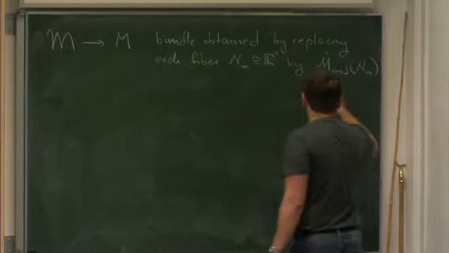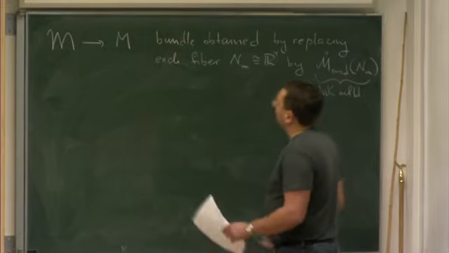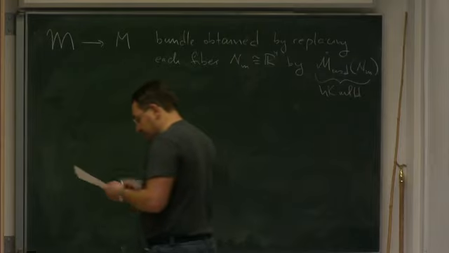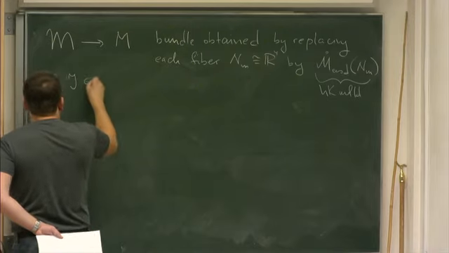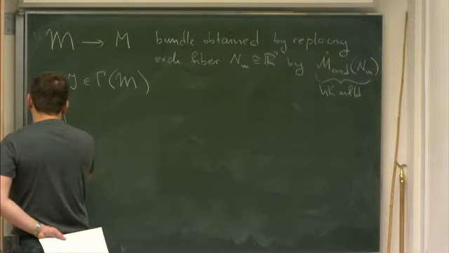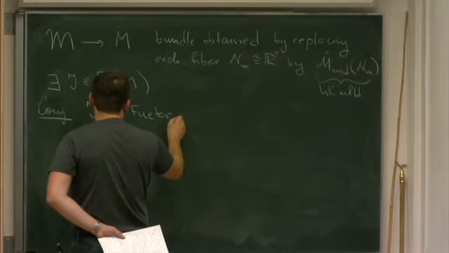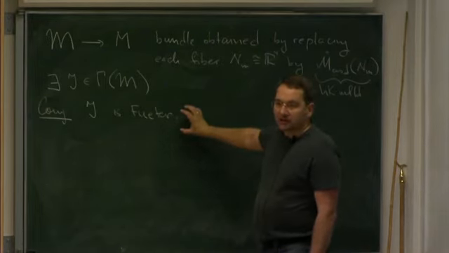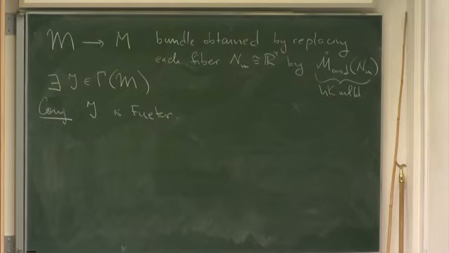And what you know very well is that this is a hyperkähler manifold. So for sections of this bundle, the Fueter condition makes sense. First of all, there is a section I of this bundle, and the conjecture is that this section is actually Fueter. It's not very hard to understand why the section must be Fueter. At the end of the day, this comes down to the theorem that I have presented to you.